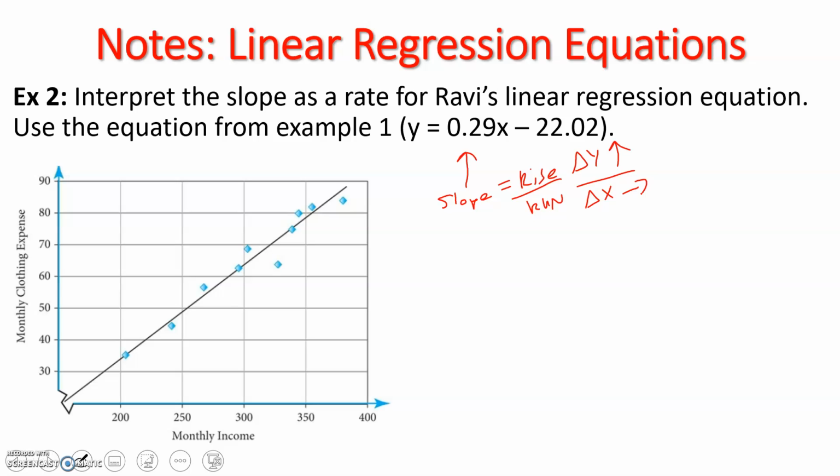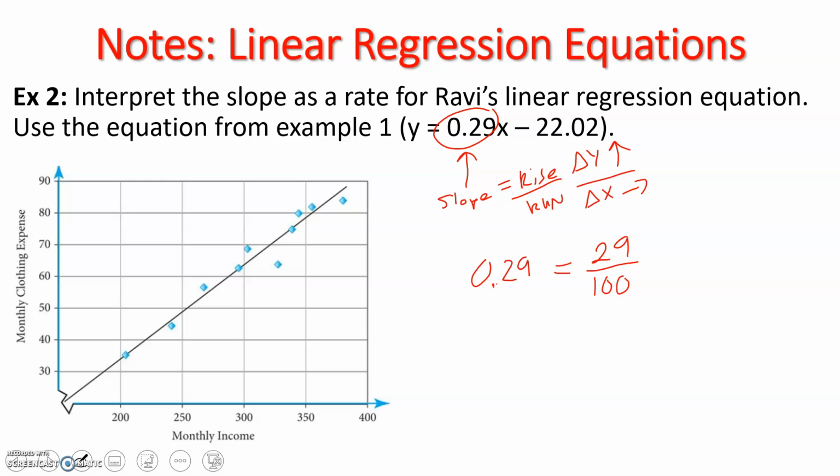So our slope is 0.29. Now some of you are probably saying, but Ms. Curtis, that's not a fraction. Well, we can write it as a fraction. 0.29 is actually 29 hundredths, like 29 cents out of $1. These two mathematically mean the same thing.